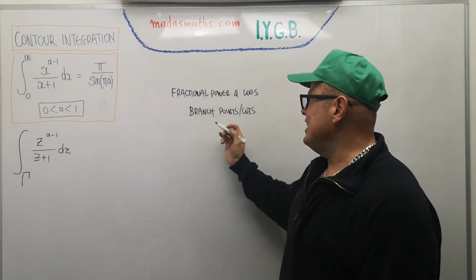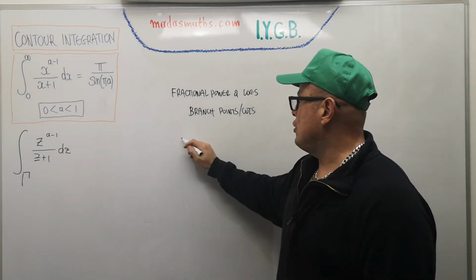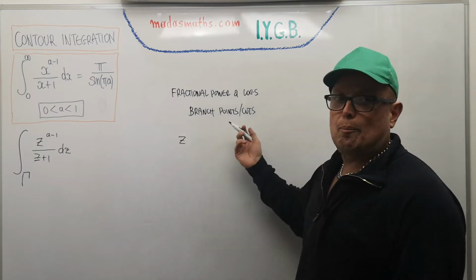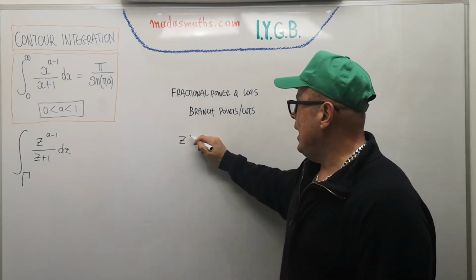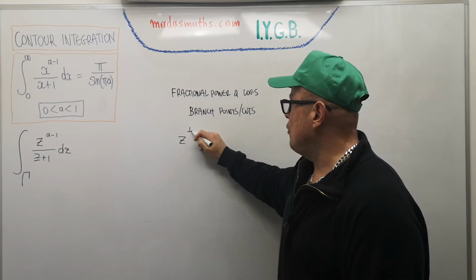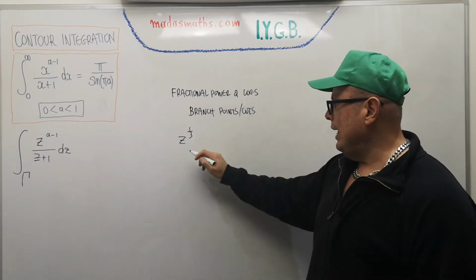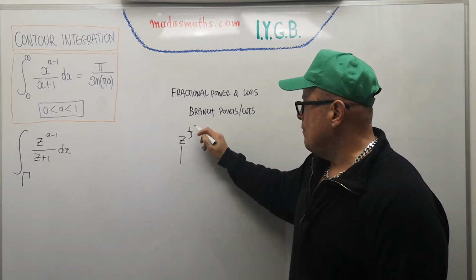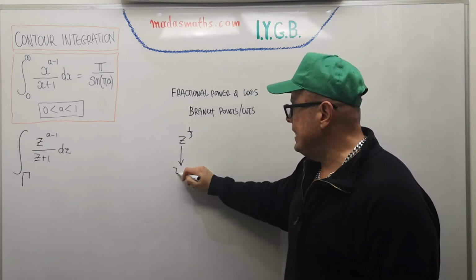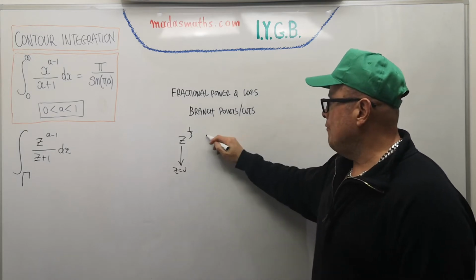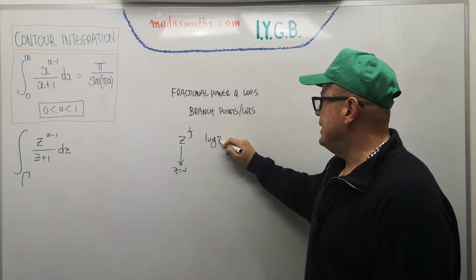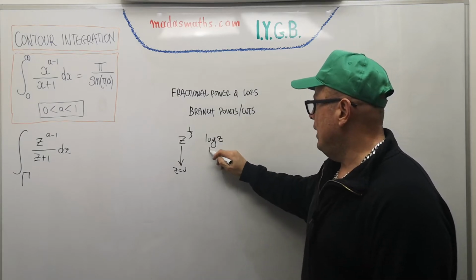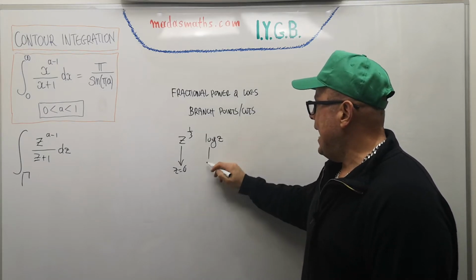So first of all, a branch point. Whenever we have a fractional power, let me put a few examples so we get an idea. If we have z to the power of a third, for example, we have a branch point because we have a fractional power at z is equal to 0. If we have the log of z, we have a branch point again at 0.